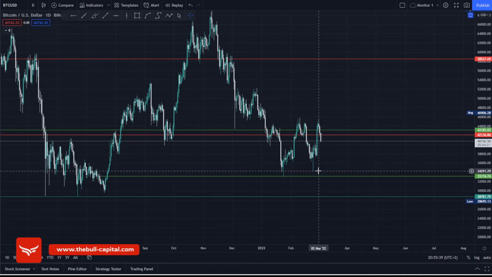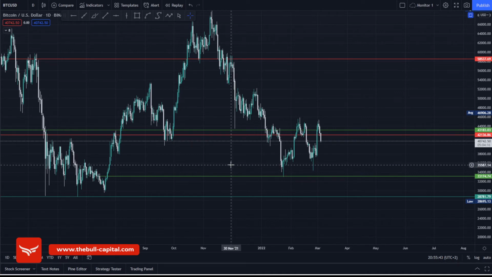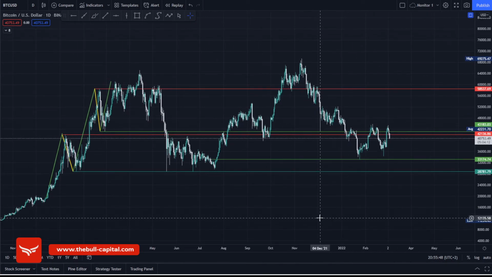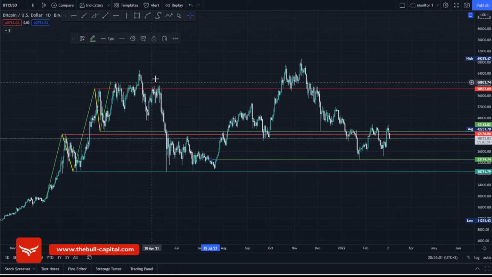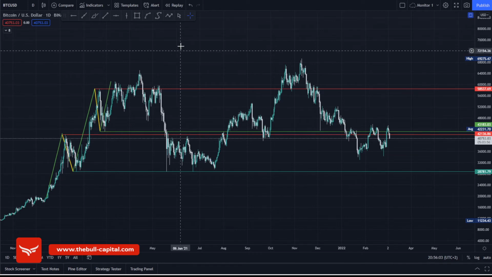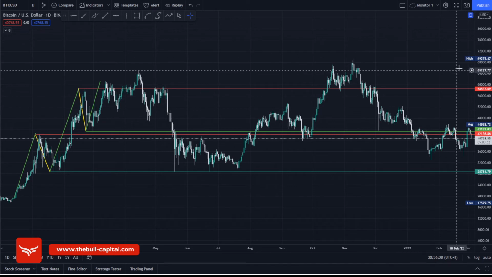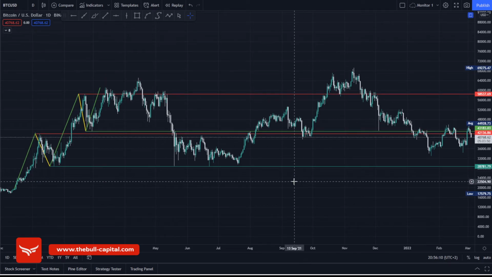And also this bounce here, we have another level on a lower time frame that has not been tested yet. So an untested level mostly has a big reaction when the price touches it. But let's not go too far into this because it's more complex than that.